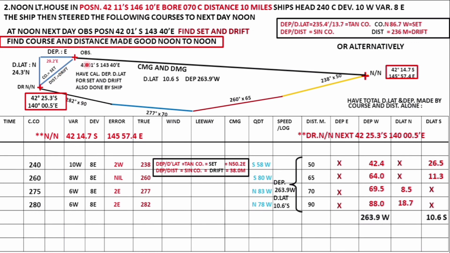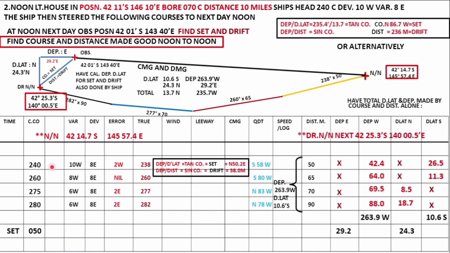So this course has been done by you. So on this DLAT and D-long, DLAT and departure, what was there, you will add this course and distance here. So you take your set here, your DLAT and departure, and get the total DLAT departure.